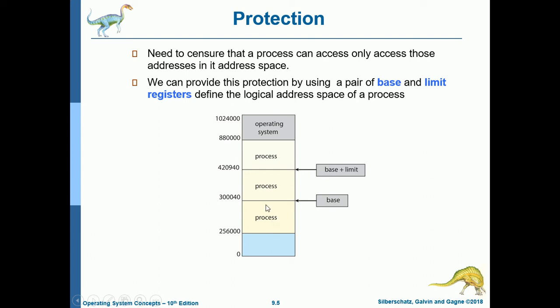For this process, 300040 is its base address, and then we have 420940, its base plus limit. So it means that the address range defined by the base and limit registers for that process is the logical address space of a process inside main memory.